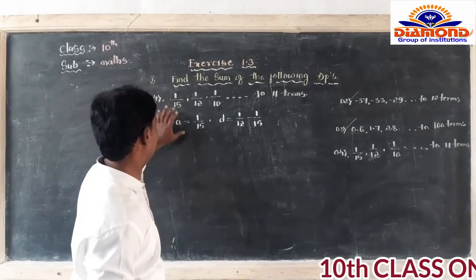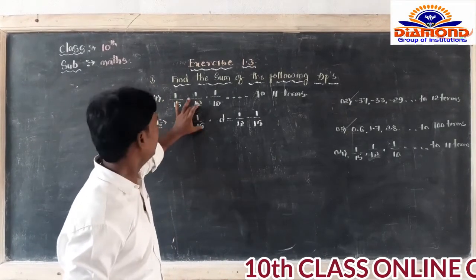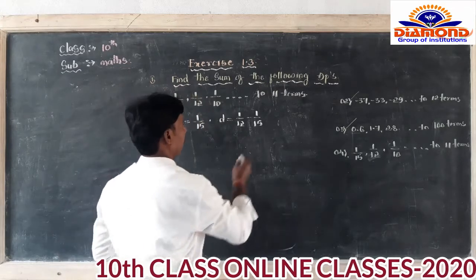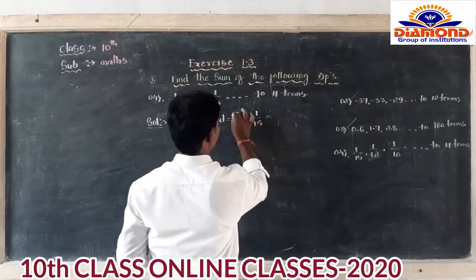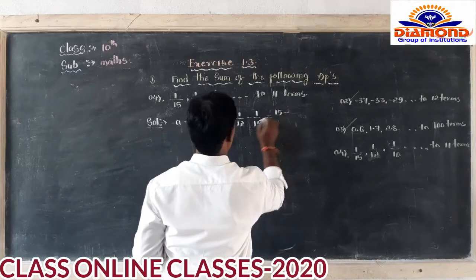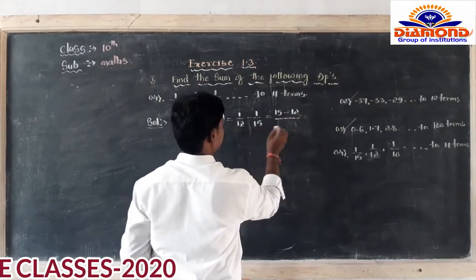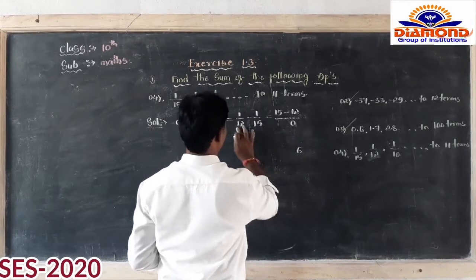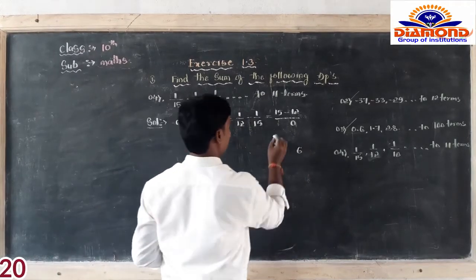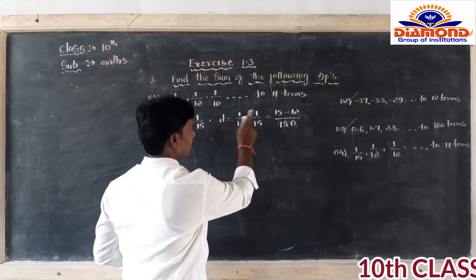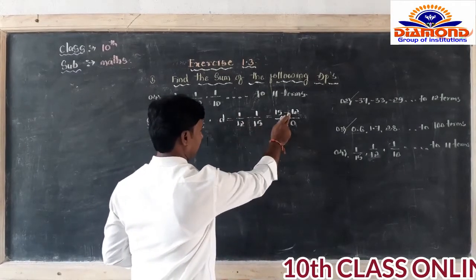Here subtraction is there. First term is 1 upon 15. Common difference is 1 upon 12 minus 1 upon 15. Now cross multiplication, 15 ones are 15 minus 12 ones are 12. Next 12 5s are 60, carry 6. 12 ones are 12 plus 6 is equal to 18. One more time, dear students. Here 15 ones are 15, minus sign as it is.